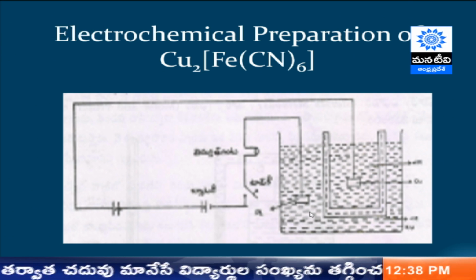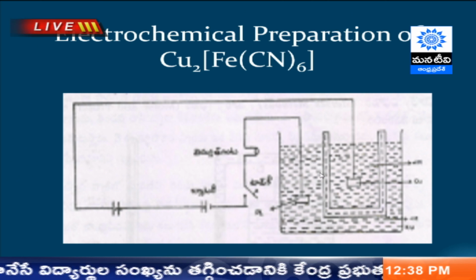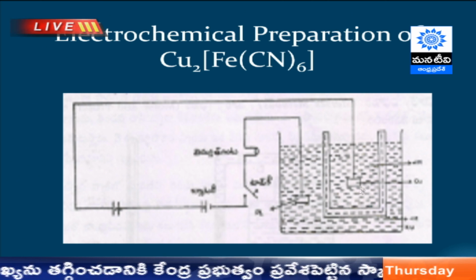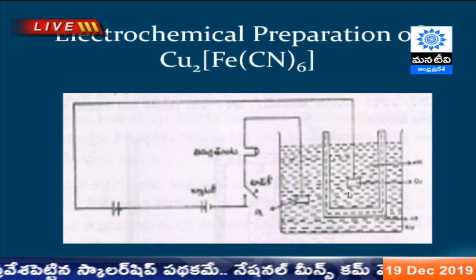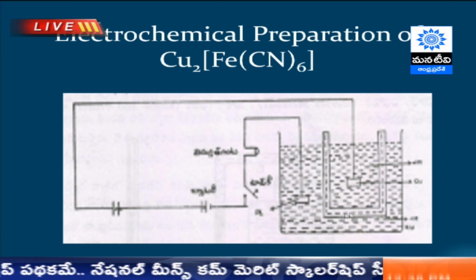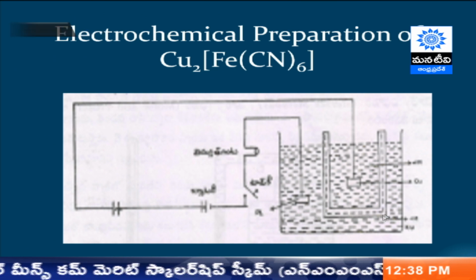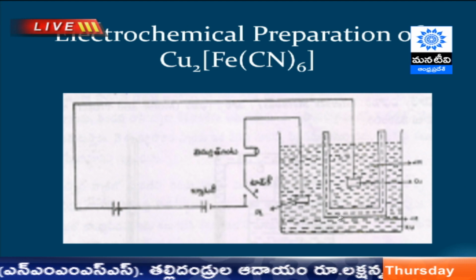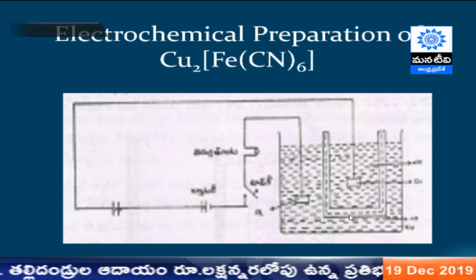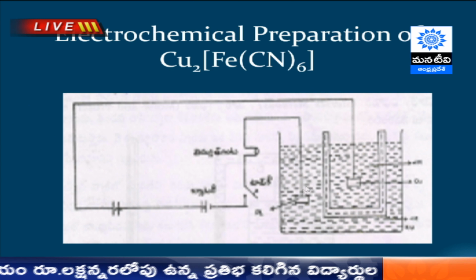Now, when you pass electricity, due to electrolysis, Cu plus tries to leave through the porous diaphragm. See, this is a porous diaphragm. It has pores. It is not a semi-permeable membrane in the beginning. It is separating both the vessels.